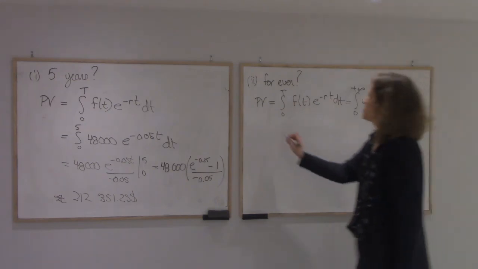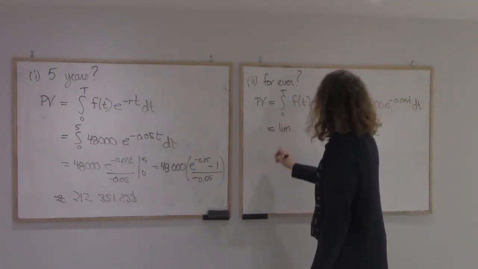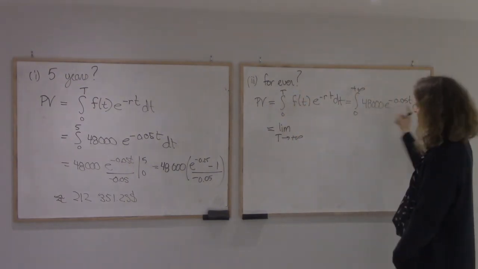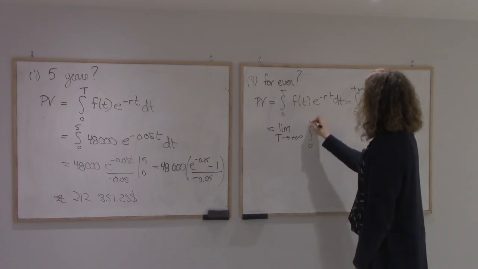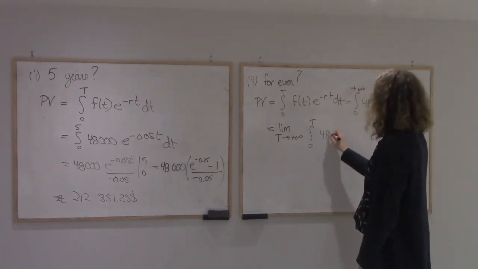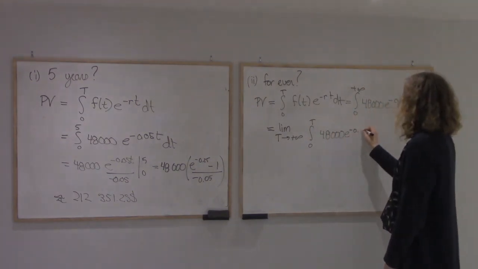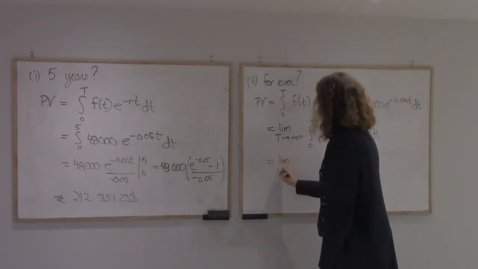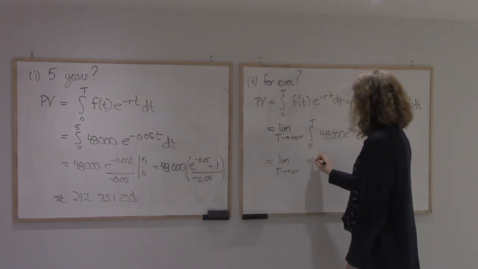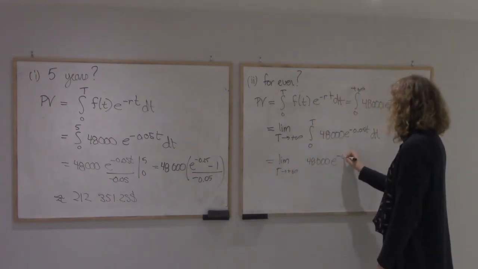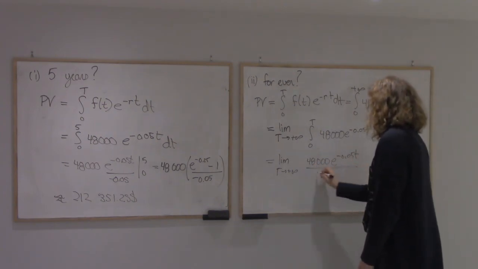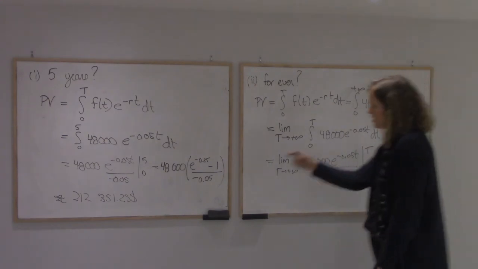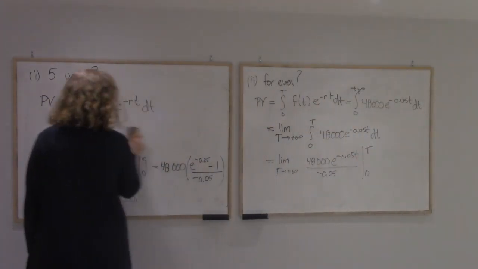This is an improper integral, so I have to write it as a limit. Let's put big T goes to positive infinity because that's quite nice, and I have little t here, I don't want to get confused. 48,000 e to the minus 0.05 t dt. All right, now I'm going to do the same thing I did here, so I'm going to plug in T and plug in 0.